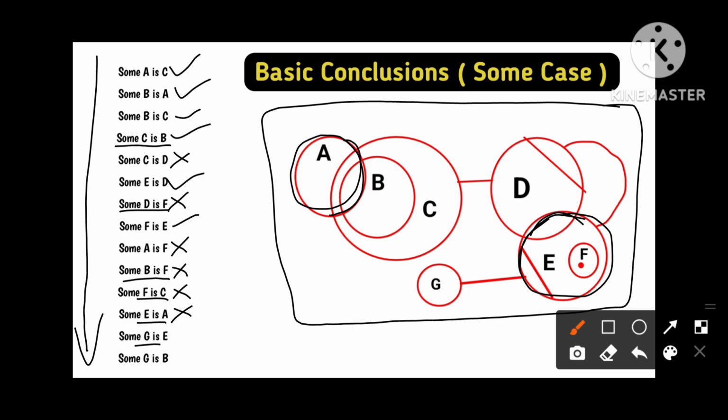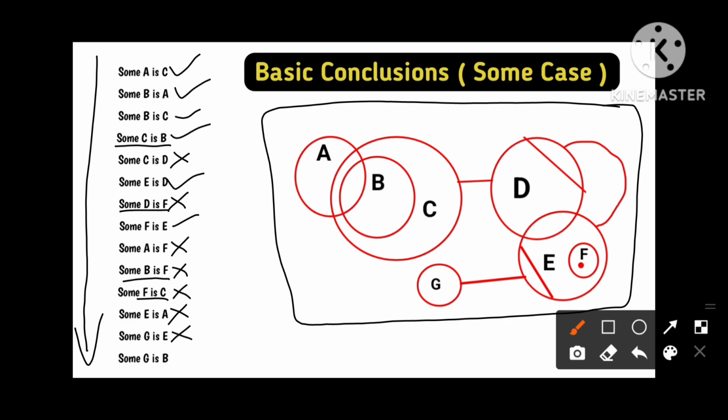Next one, some G is E. Here is G and here is E. Are they sharing? It is not represented like that. We have a representation that G does not share with anything, and they don't share with each other in our basic Venn diagram. So this conclusion will be false.